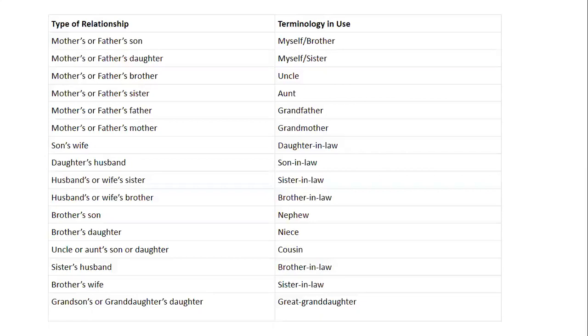If it is not given like that, then it may be myself or my brother. Mother's or father's daughter means what? It may be myself, because they may not give the gender of the person who is speaking. So again it may be myself or my sister.